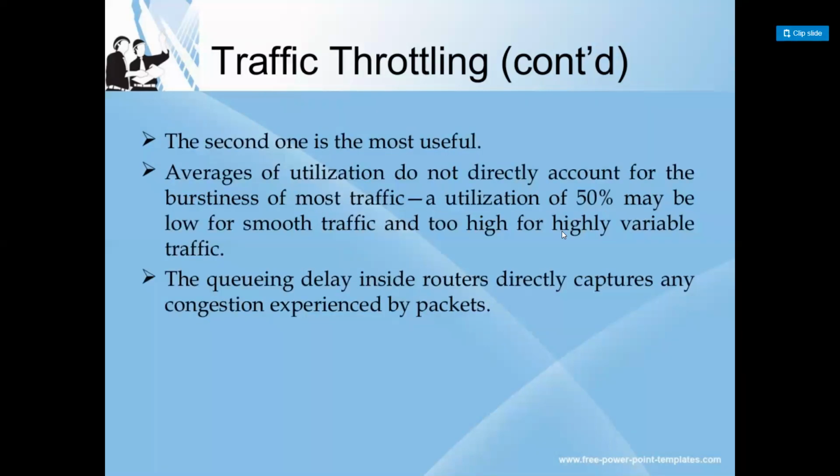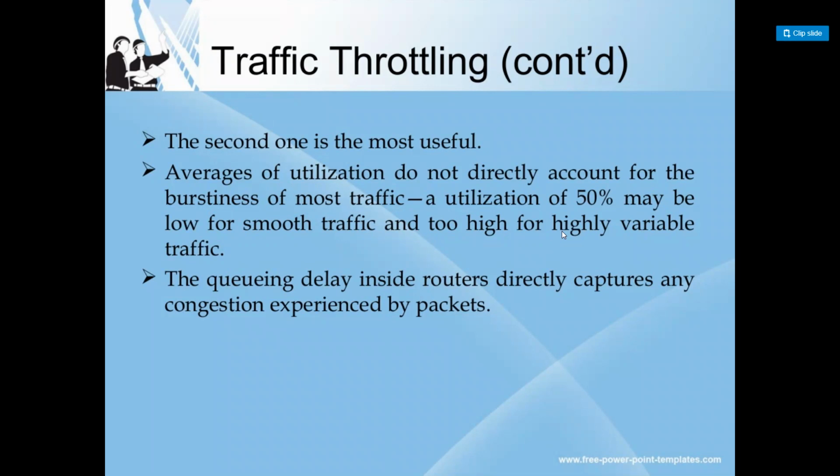The second approach is averages of utilization. Averages of utilization do not directly account for the burstiness of most traffic. A utilization of 50% may be low for smooth traffic. See, we have an output line. If we use that output line 100%, the utilization leads to traffic buildup.